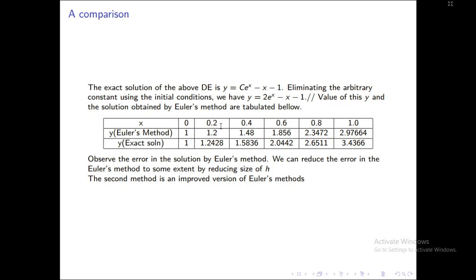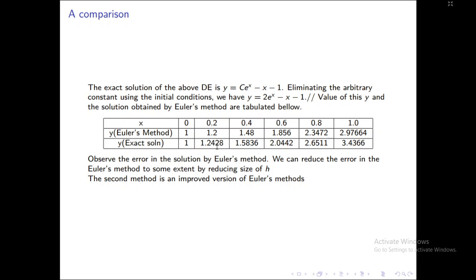If you look at the values at point 2, there is an error of 0.0428, and at point 4 the error becomes larger, and as the value of x moves away from the initial value x naught, the error becomes larger. Euler's method is not an efficient method, it gives a lot of error, but the method is very simple and very straightforward.